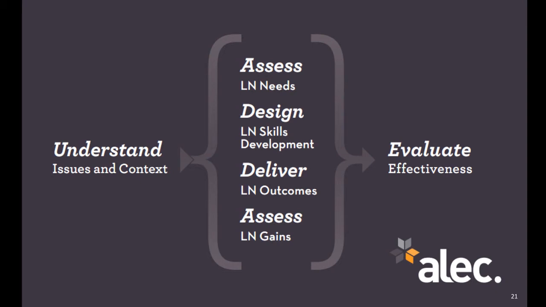And these things in the center, this is the embedded approach. Assess the needs, design the kind of skills development you want to see, deliver the outcomes, assess the gains, and then evaluate the effectiveness. So that big chunk in the middle, that's what you did for your project work. This is just another way of thinking about it visually.